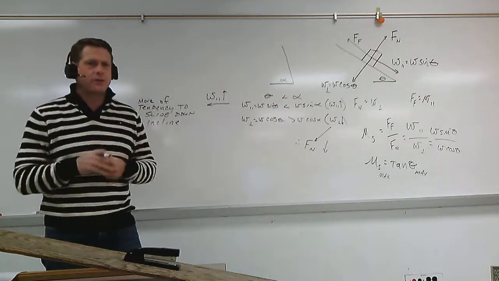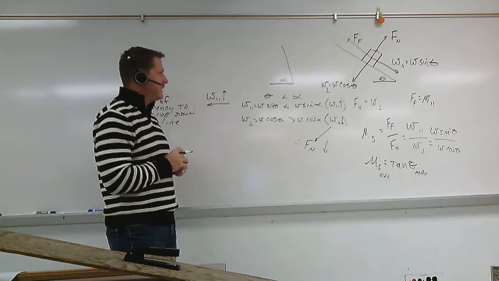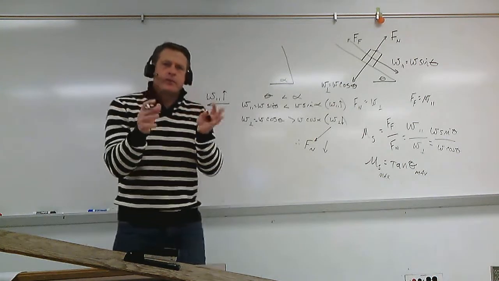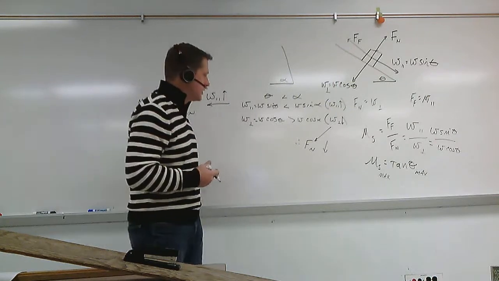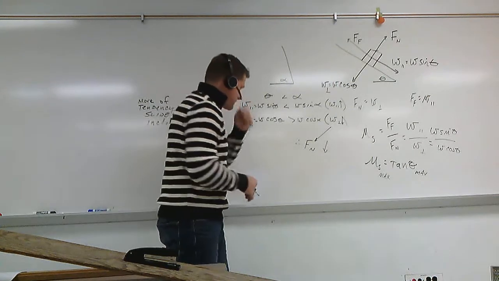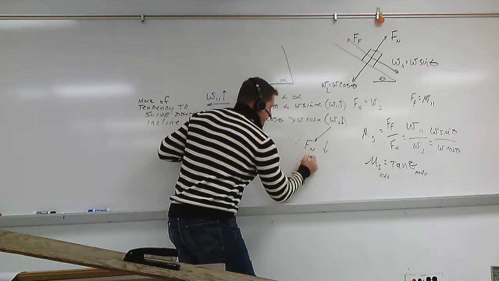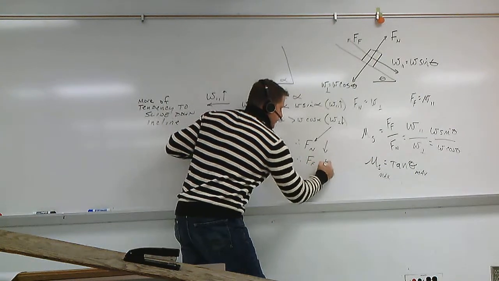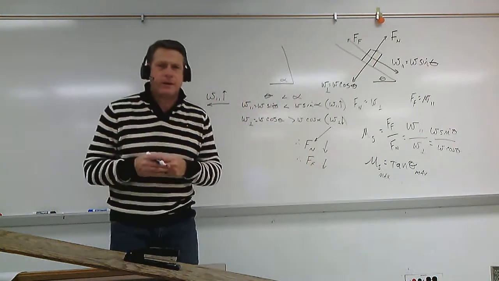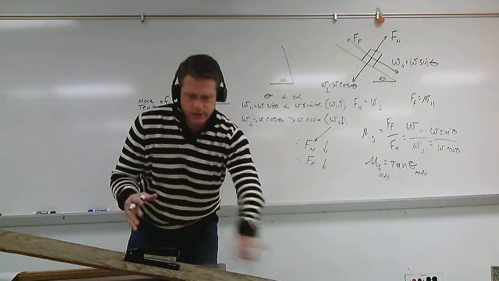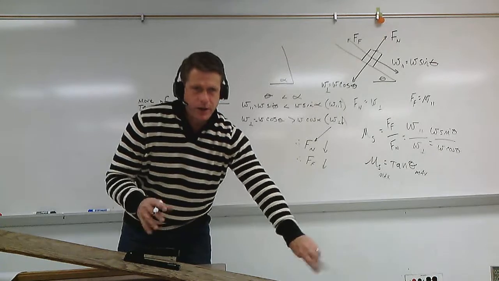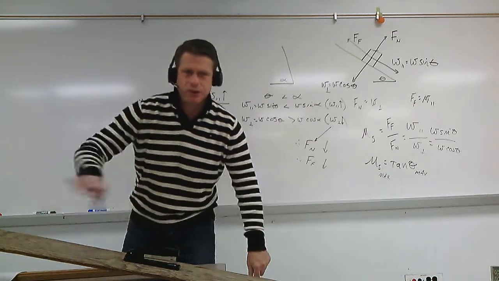If my normal force is getting smaller, then guess what? The friction force is equal to mu times the normal force. So if my normal force gets smaller, then my friction force is going to get smaller as well. What does that mean? We have two things happening here. Right now, I've got a component of the weight that's pushing down and friction that's resisting and pushing back up.